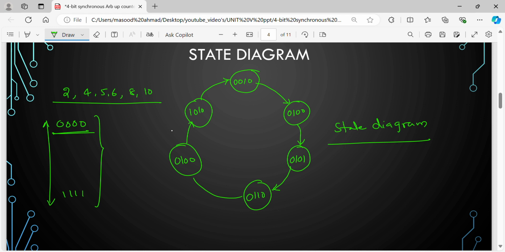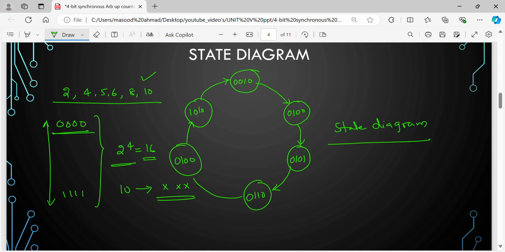So we have 2 power 4, a total of 16 combinations. For only 6 combinations we have defined the next state. For 10 combinations there is no defined next state, so we consider them as don't cares.